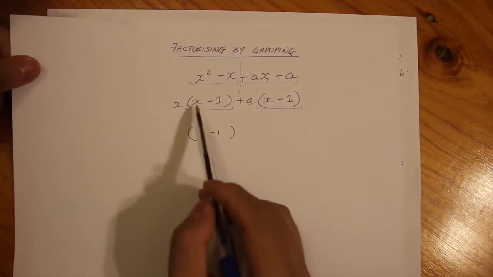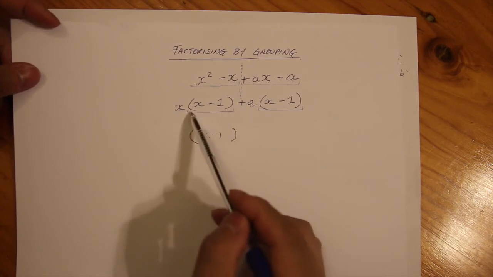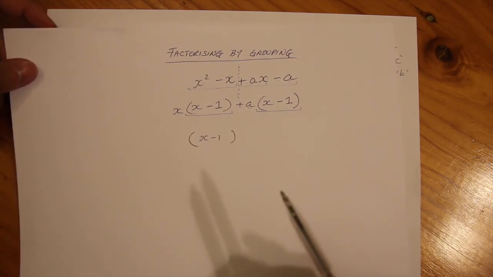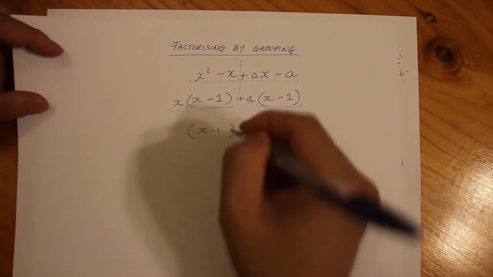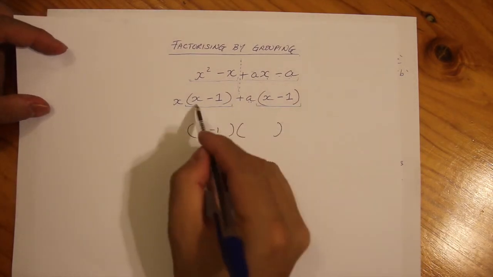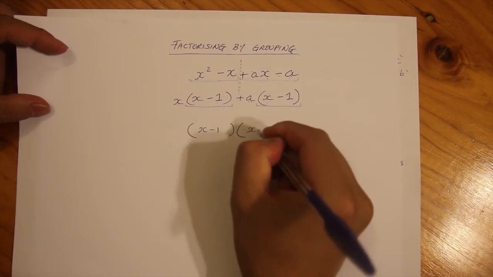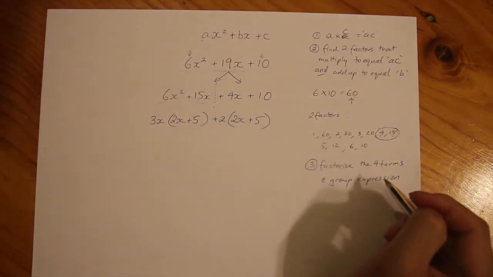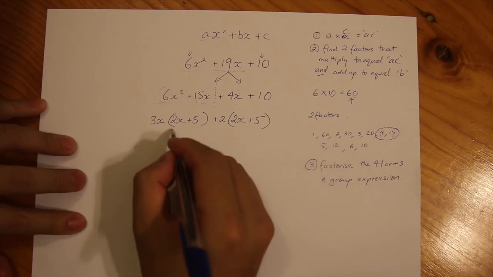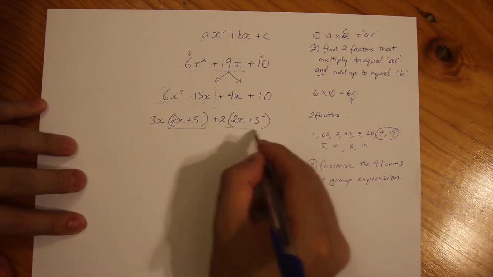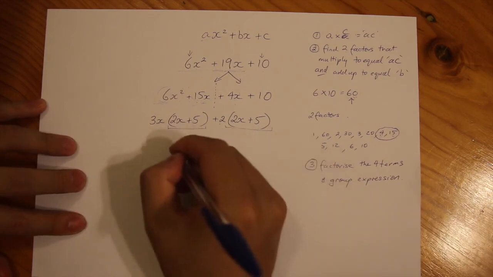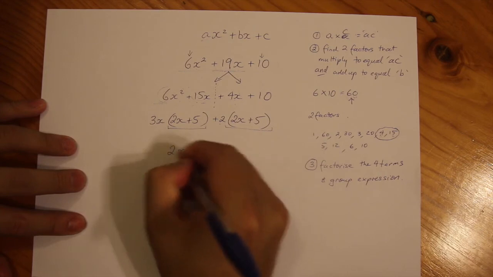Remember, we're going to factorize by grouping. We're going to see what the like terms are. In this case, the identical brackets or groups are 2x plus 5.